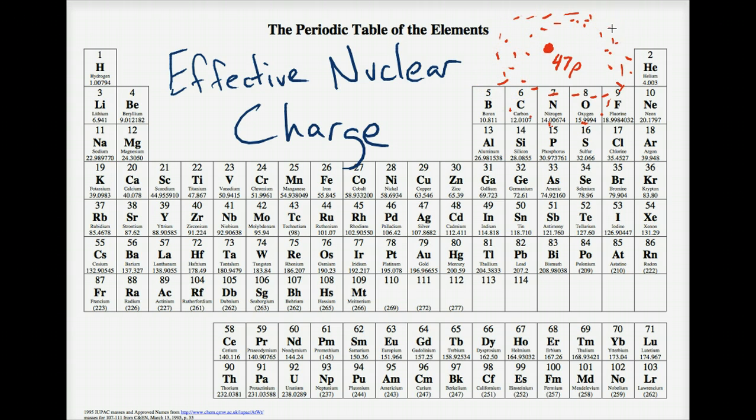Very rudimentary diagram. Let's say I was going to analyze this electron right there, this itsy bitsy electron. The effective nuclear charge would be the attraction that the nucleus has for this itsy bitsy electron.